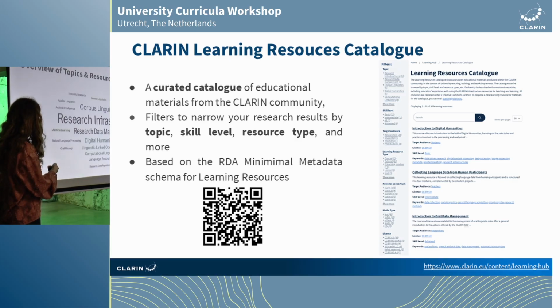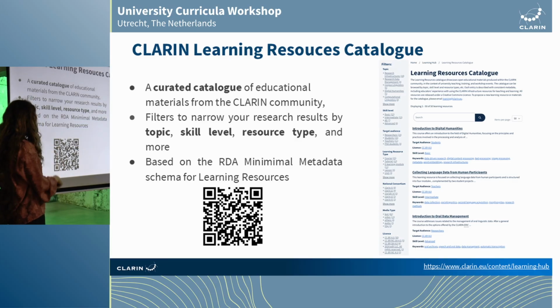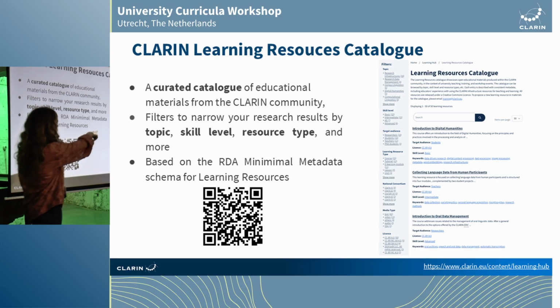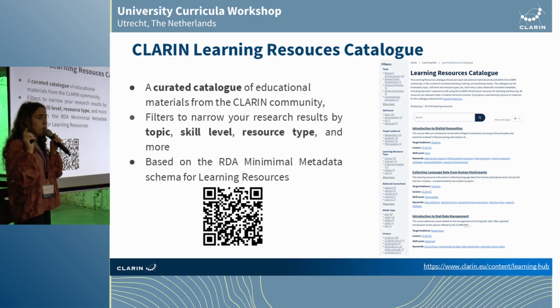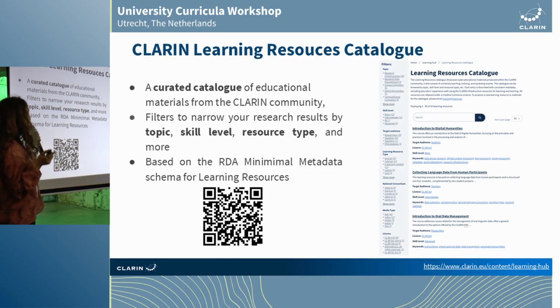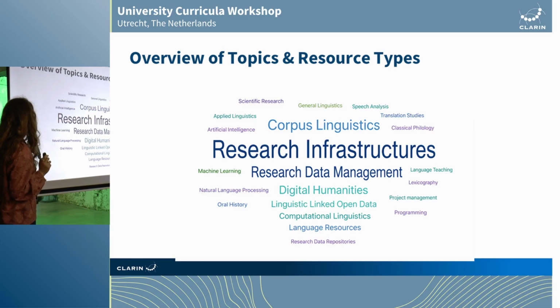So, this has been based on the RTA minimal metadata schema. I will present this in a bit. Here you can see the Learning Resources Catalog. If you have not yet checked it, check it. And if you have an interesting resource that you would like to include, please contact us.